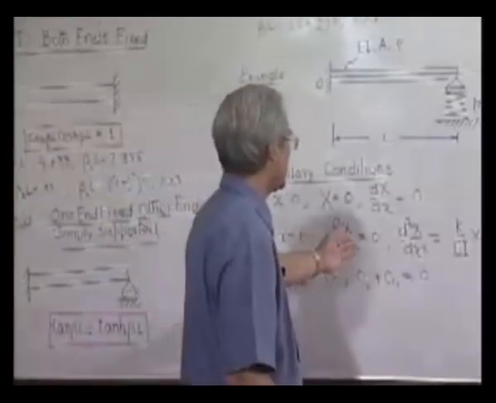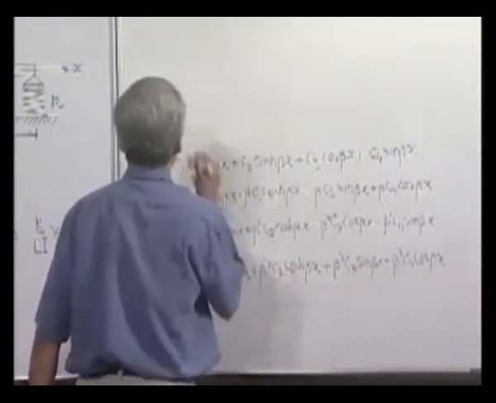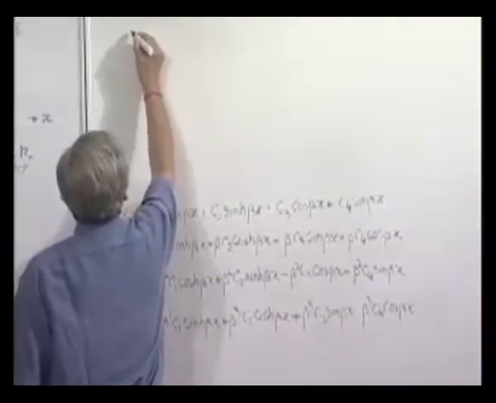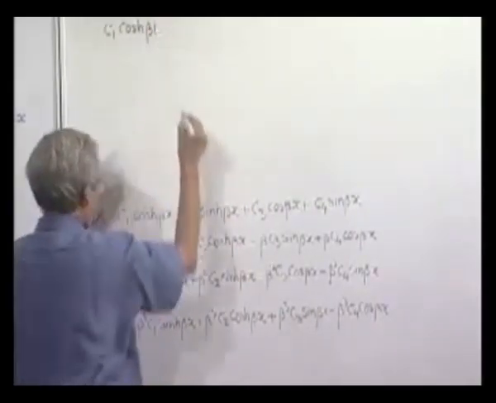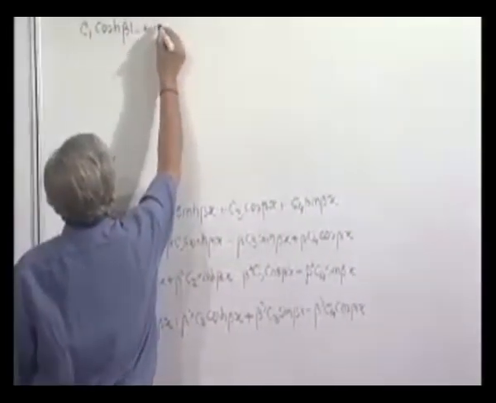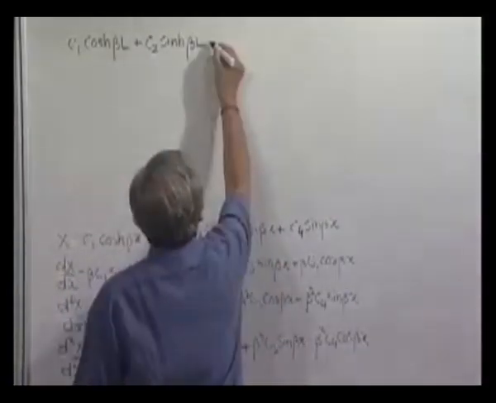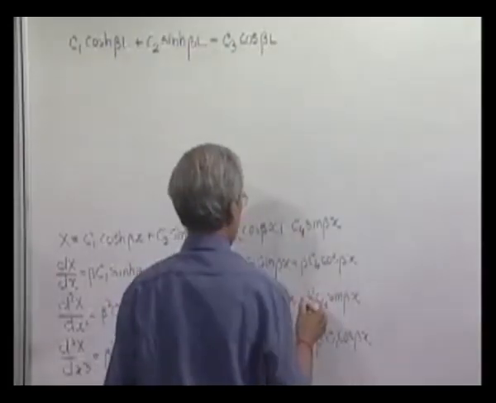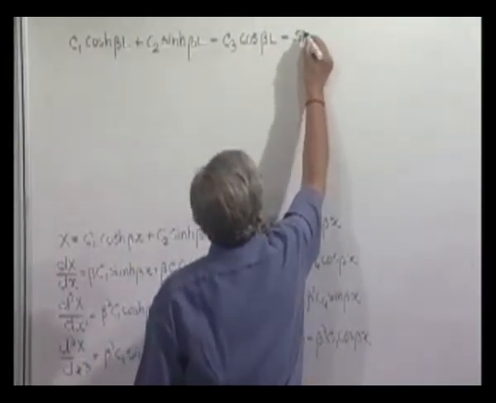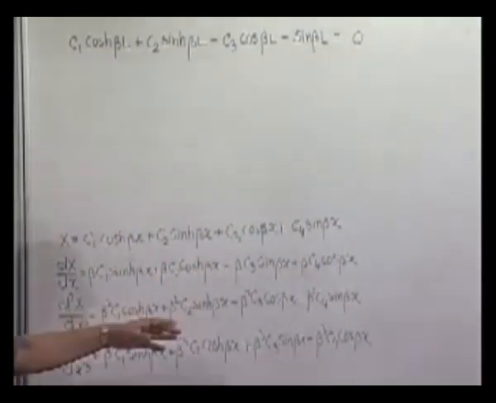If we now use the third condition, that means here at x is equal to L, this is equal to 0. Therefore, that gives us C1 cosine hyperbolic beta L plus beta L minus, and the beta square term gets pulled out.